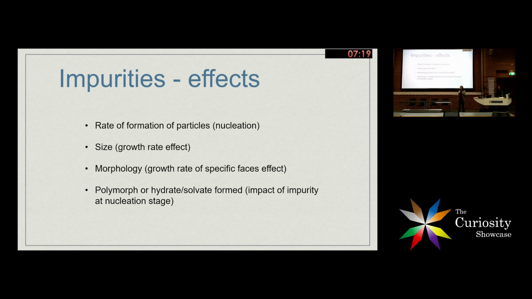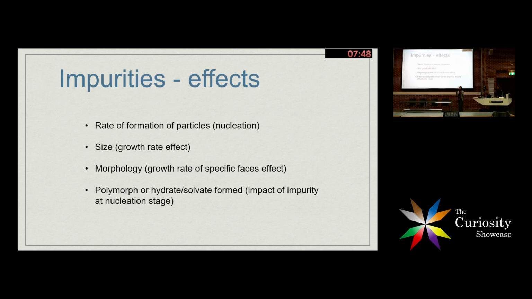On top of that, we have impurities or additives, depending on whether they're purposely added or not. So impurities can impact the rate at which you form particles or the nucleation. They can impact the size. So if they are impacting all the faces of the particles equally, they might just impact how big or small the particle grows to.